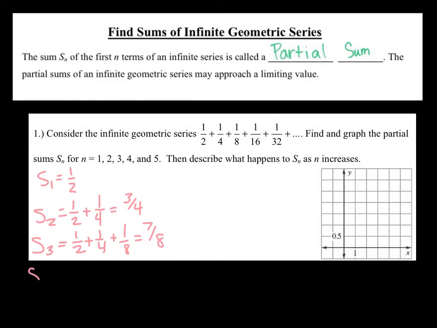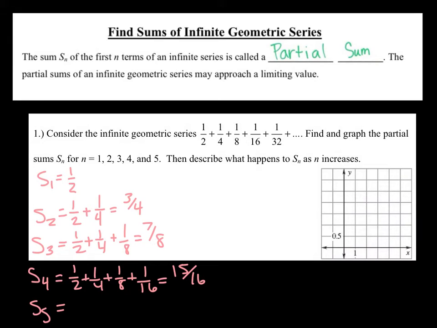The sum of your first four terms is going to be 1/2 plus 1/4 plus 1/8 plus 1/16, which equals 15/16. And then the sum of your first five terms.